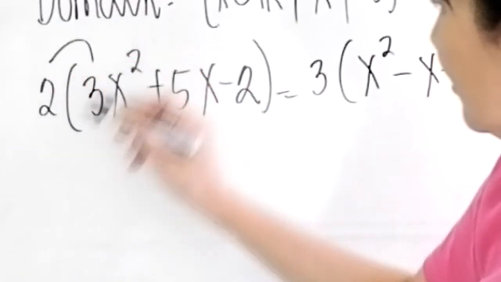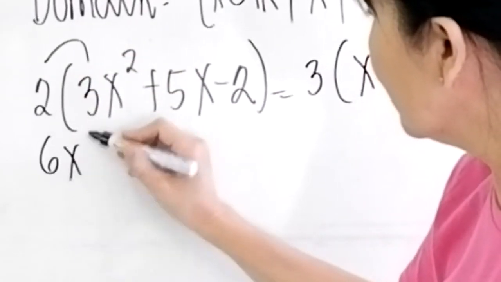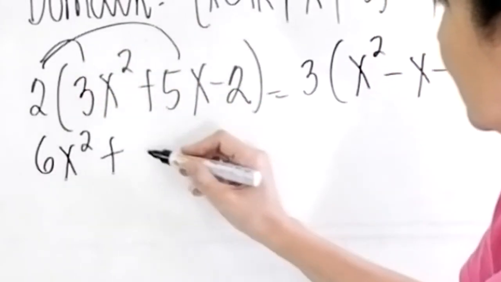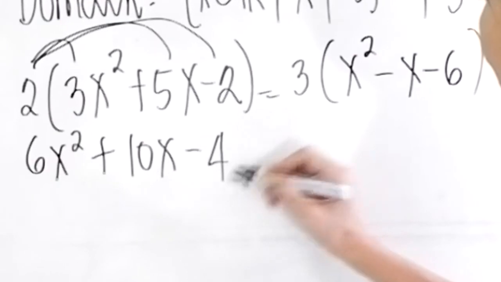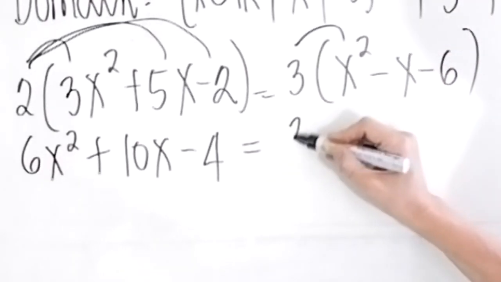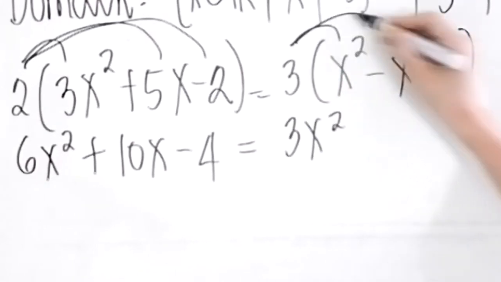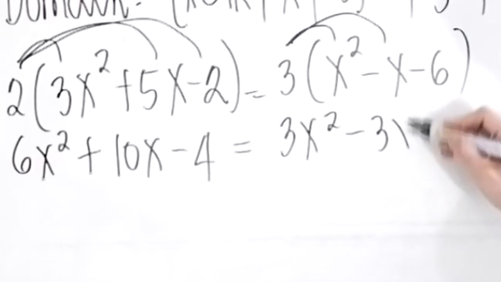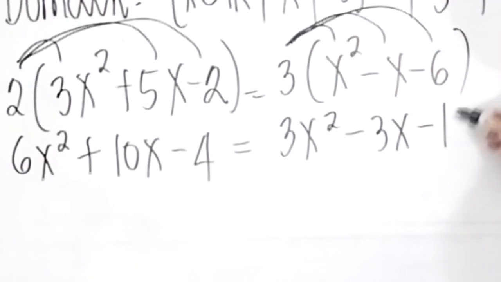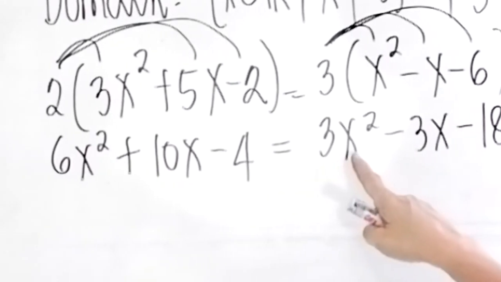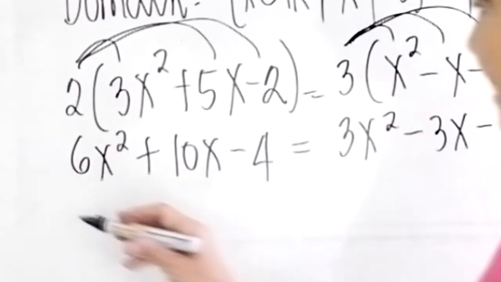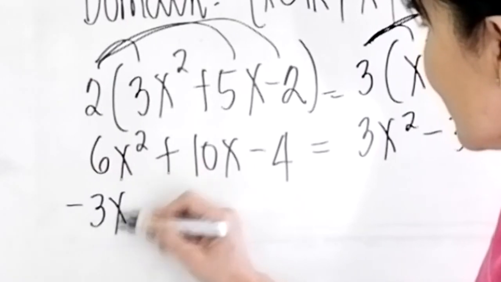Simplify. So this is 6x squared plus 10x minus 4 (2 times negative 2) equals 3x squared minus 3x minus 18. Now, combine like terms. Transpose this to the other side, it becomes negative 3x squared.